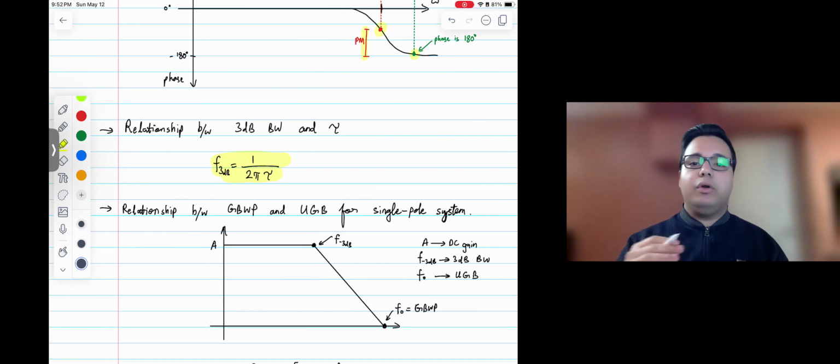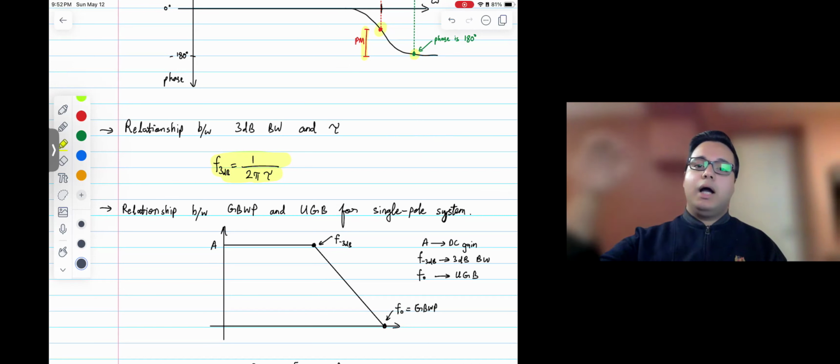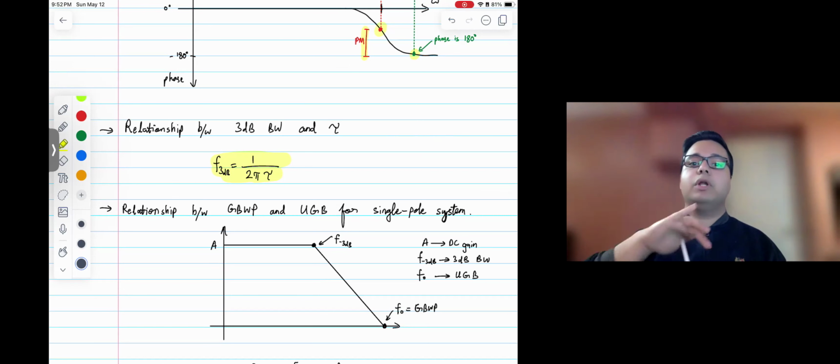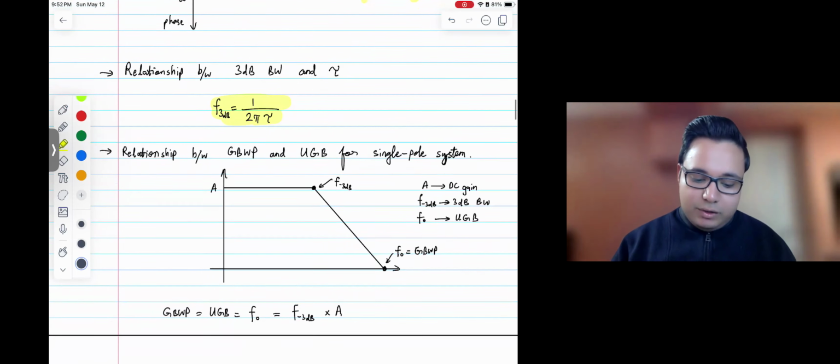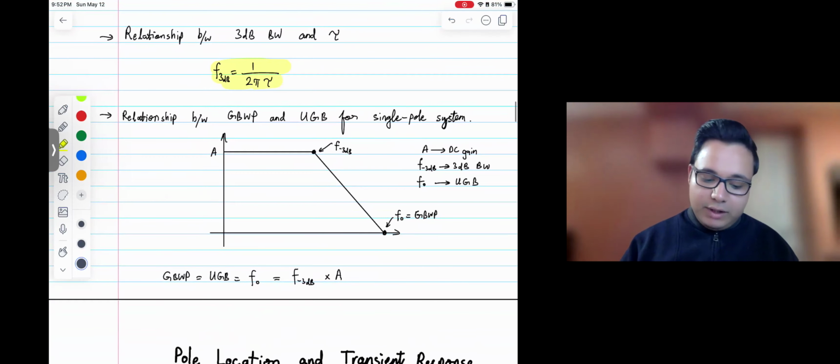Or conversely, if you know the 3 dB frequency, then you can find out the time constant of the circuit, and you can make calculations about how your rise time and fall time would look, or how the response would settle, because you know the time constant tau. So that's the relationship between 3 dB frequency and tau.